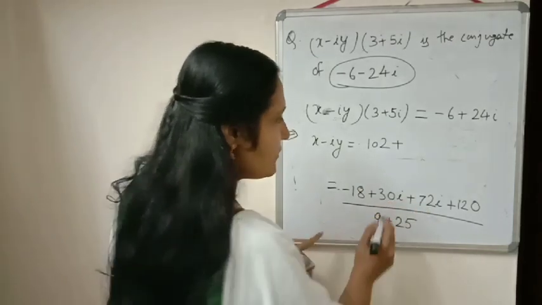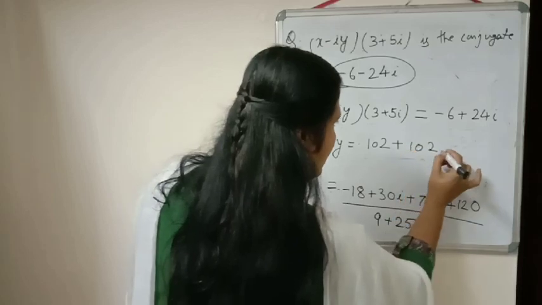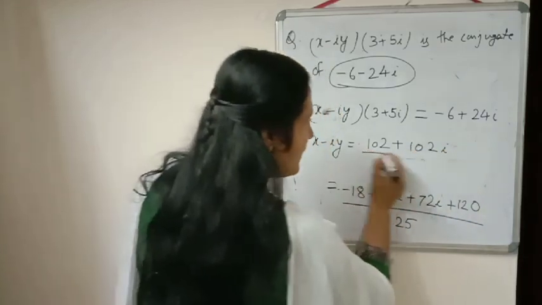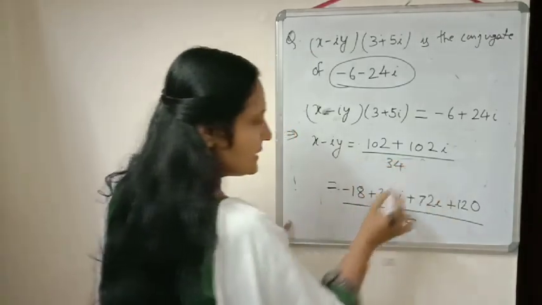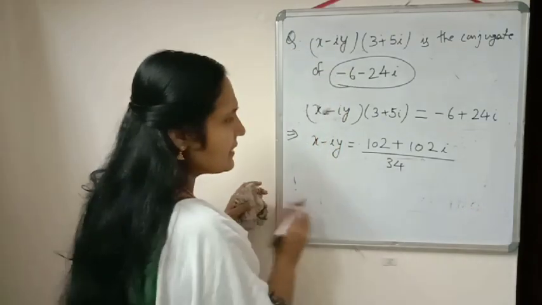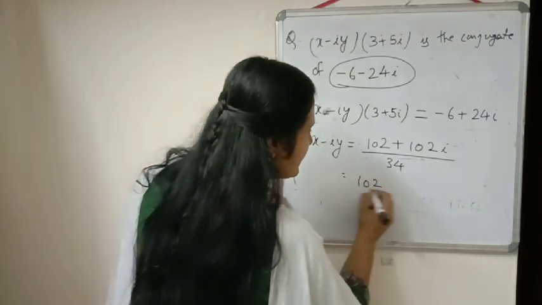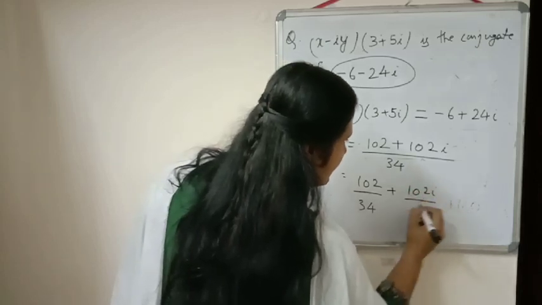So that will be equal to 2, 7 plus 3, 10. So again 102i by 25 plus 9. So that will be equal to 34. Now we can write it separately. Then it will come 102 by 34 plus 102i by 34.